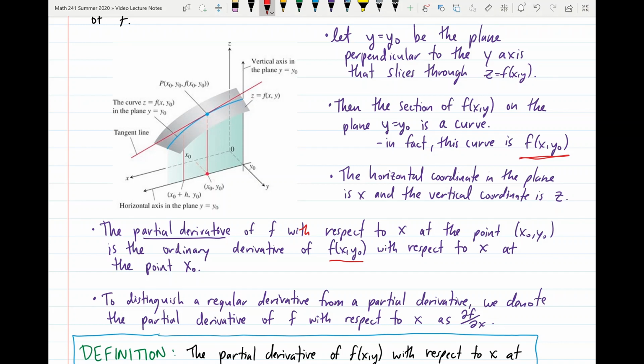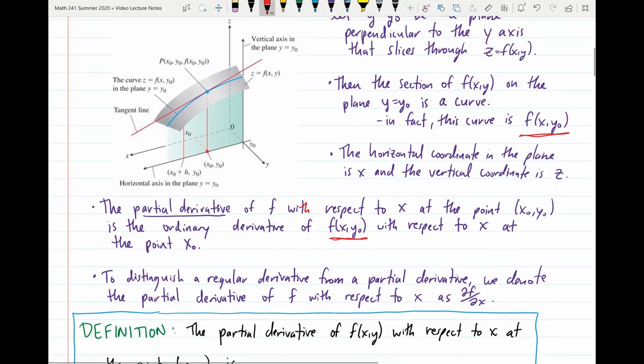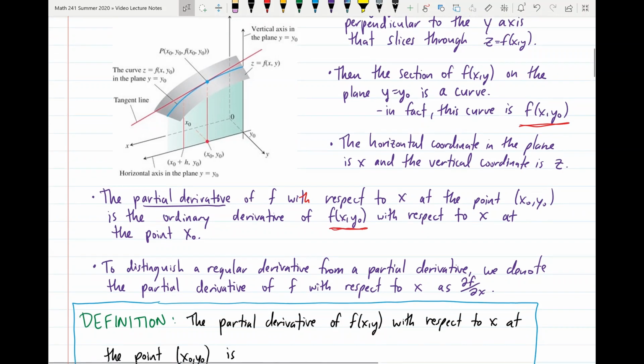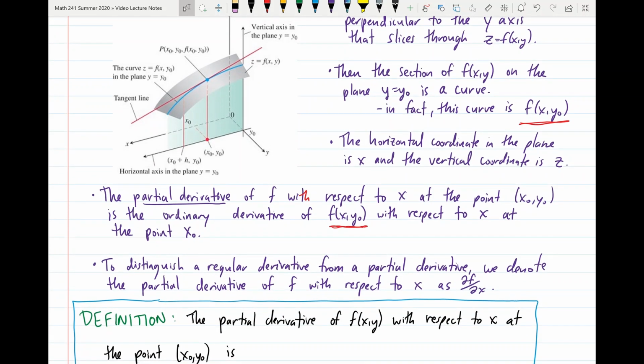So recognize that if we hold y constant, so we make sure that when we plug in our points (x, y) into our function, the y coordinate of the point is y naught, then f of x, y naught just becomes a single variable function because we're only changing the value of x, and the output for z is going to change. So again, this is a single variable function, so we can apply calculus that we already know from Calc 1, which is why the partial derivative is really just the ordinary derivative when we hold y constant at y naught.